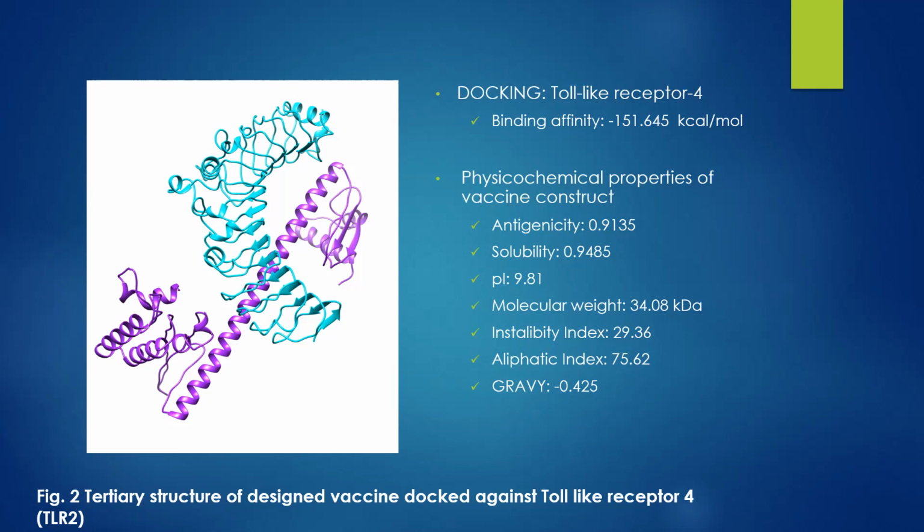These properties classified our vaccine to be antigenic, basic, and stable. The aliphatic index and grand average of hydropathicity, which is the GRAVY, were observed to be 75.62 and -0.425 respectively, further confirming our vaccine to be thermostable and hydrophilic in nature.